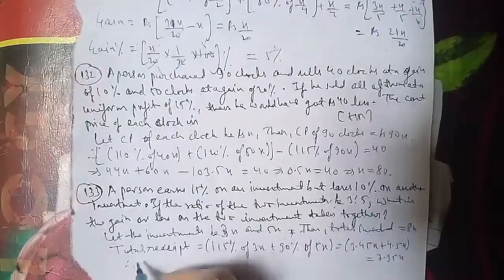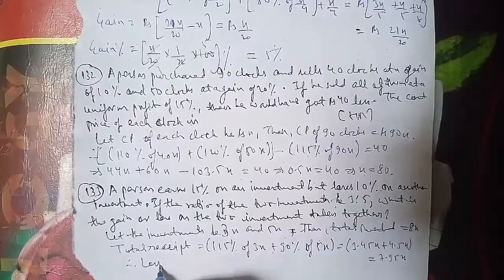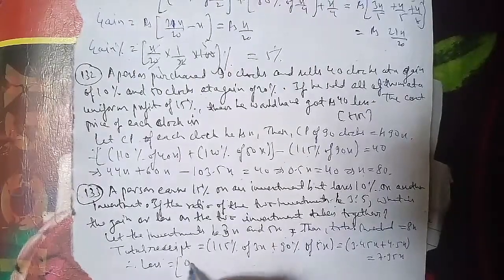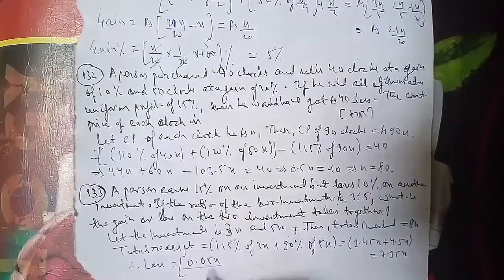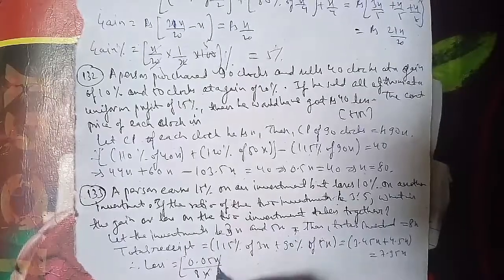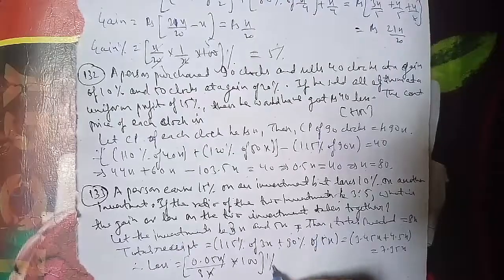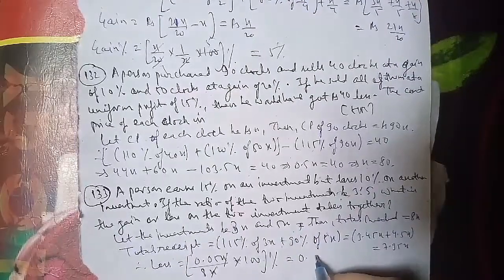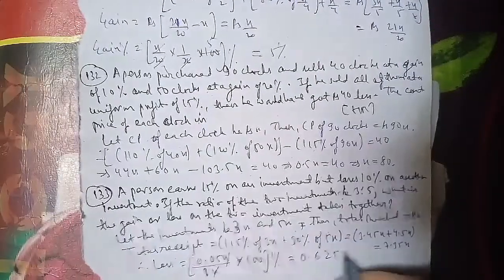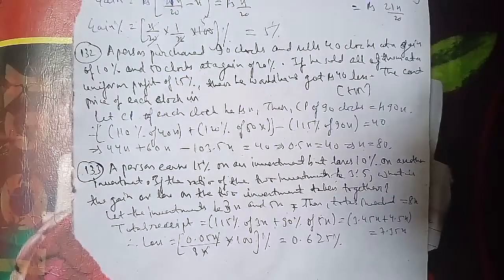Loss equals 0.05x upon 8x, x cancels, into 100%, which will give you 0.625%. That we get as an answer.